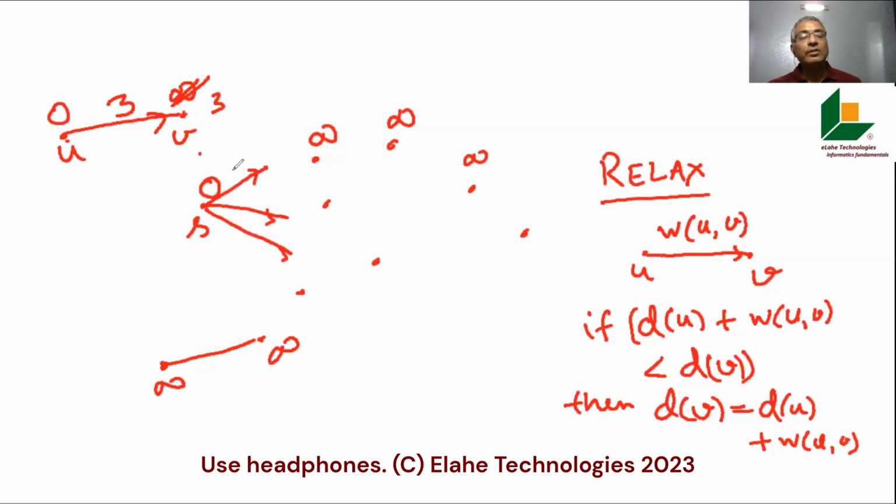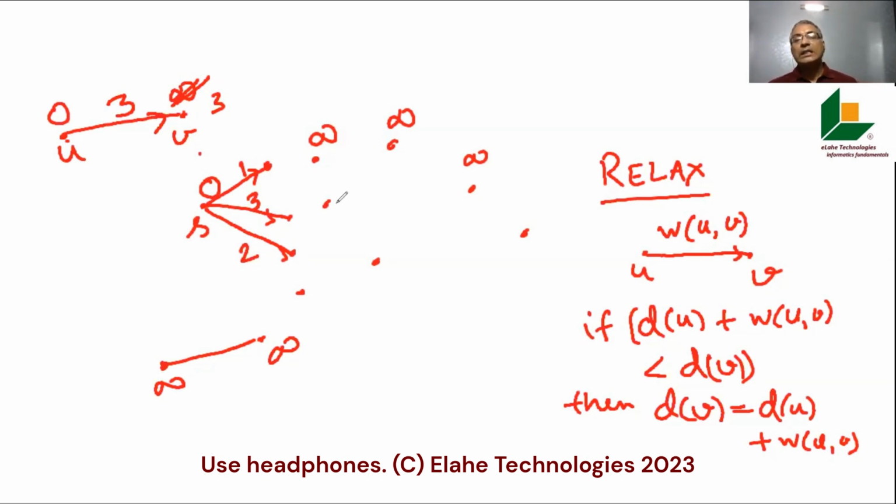So if these edge costs are 1, 3 and 2, I'm just taking arbitrary numbers, then the d values which were infinity initially will become 1, 3 and 2 after the relaxation.